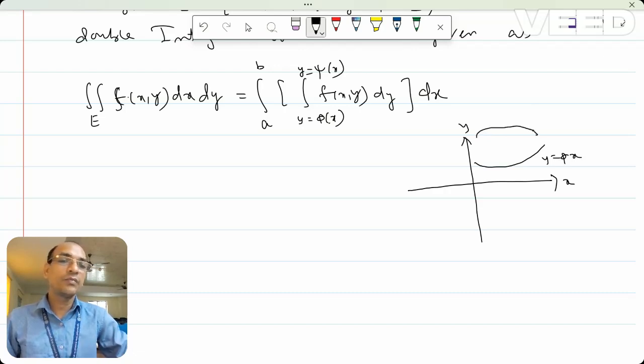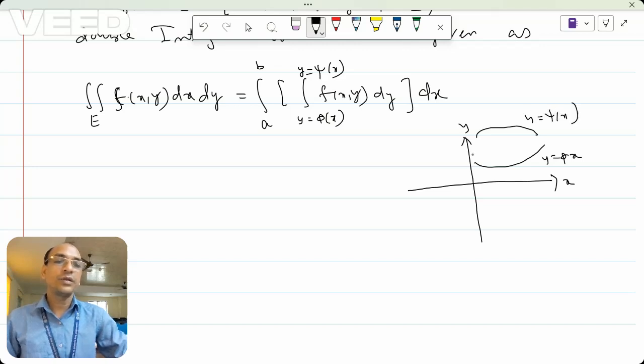So suppose this is my curve y equal to psi of x. Y means bottom to top, x means from left to right. So here I have the limits of this.